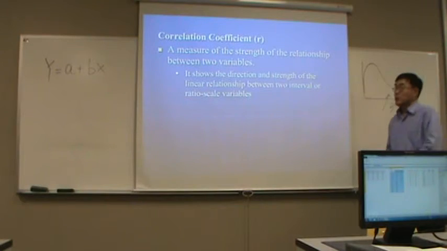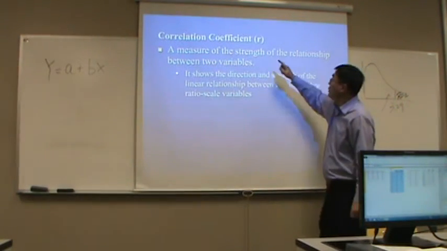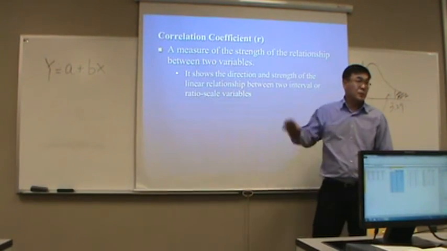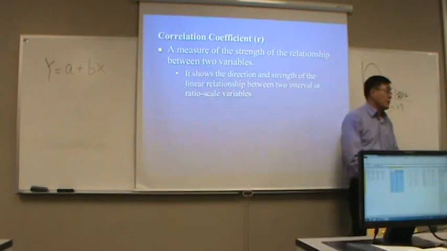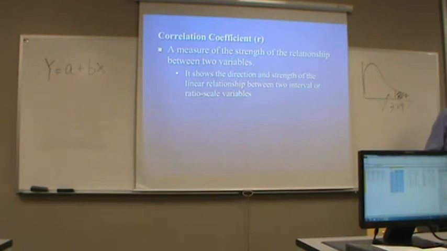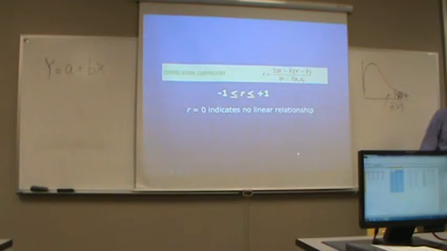The correlation coefficient, simply we read it like this, denoted by R. A measure of the strength of the relationship between two variables. It shows the direction and strength of the linear relationship between two interval and ratio variables.